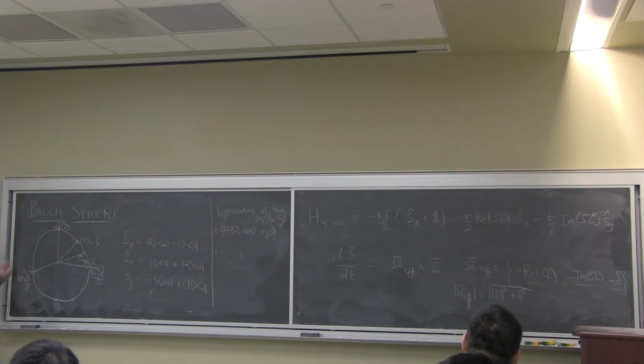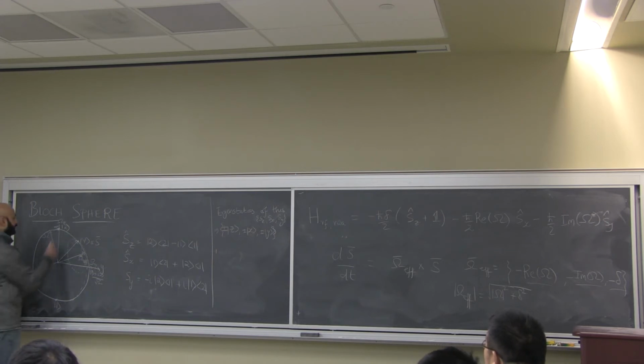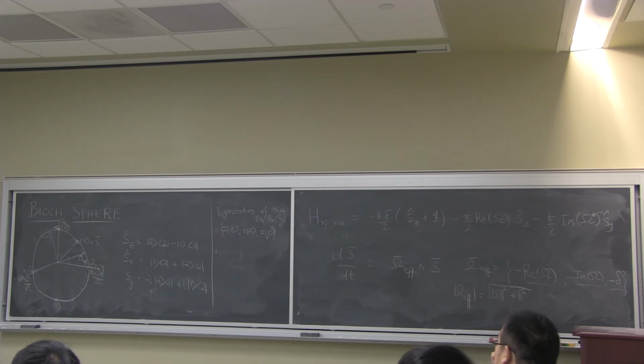So as an example, if I had some omega which is large, right, it's highly detuned, and has some x and y components as well, now the state vector will basically precess around this, like that. And so it will stay very close to the north pole.